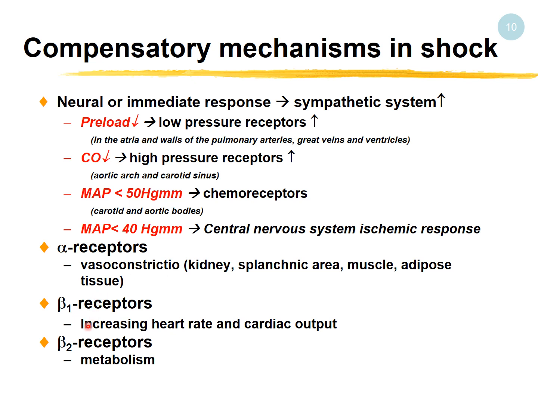Beta 1 receptors, for example in the heart, stimulate the heart rate and increase the cardiac output, but a lot of energy is needed, because increasing the cardiac output by increasing the heart rate takes up a lot of energy and decreases the diastolic time. It means that the coronary circulation is altered.